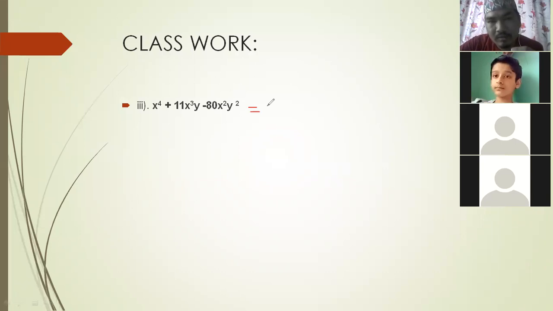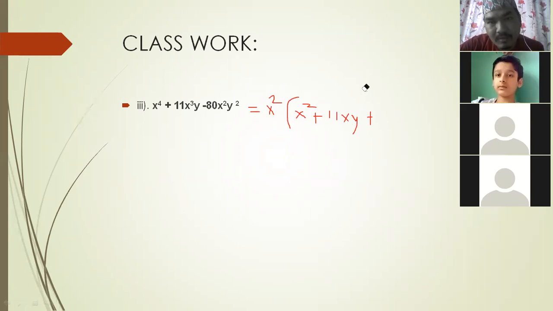So first take common. What is common there? X square is common. X square is left. Then in the bracket, what is remaining? 11xy is remaining, y. And plus, what is there? Plus or minus?